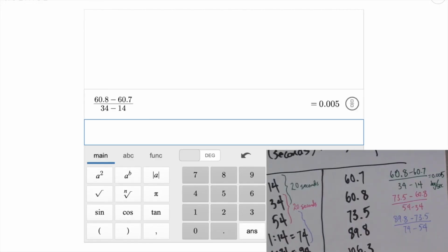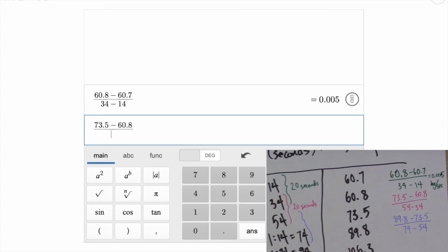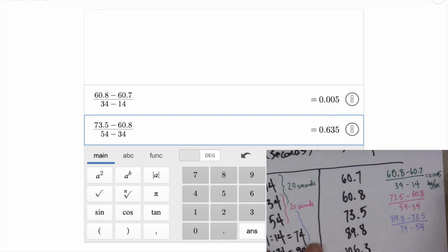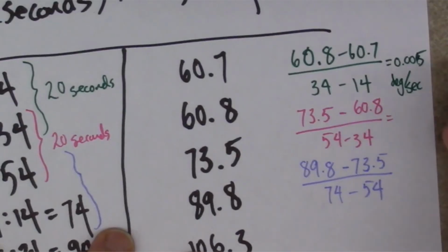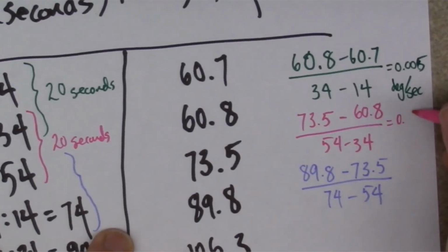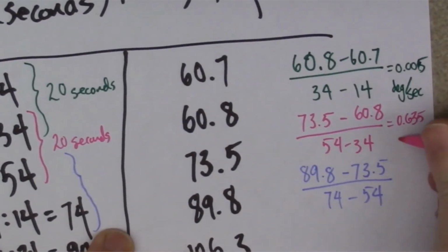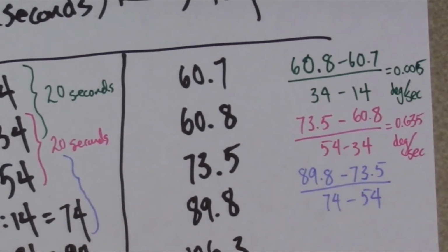Similarly, if I take 73.5 minus 60.8, and that's also taking place over the course of 54 minus 34 seconds, I can see that now the temperature was increasing on average at 0.635 degrees per second.